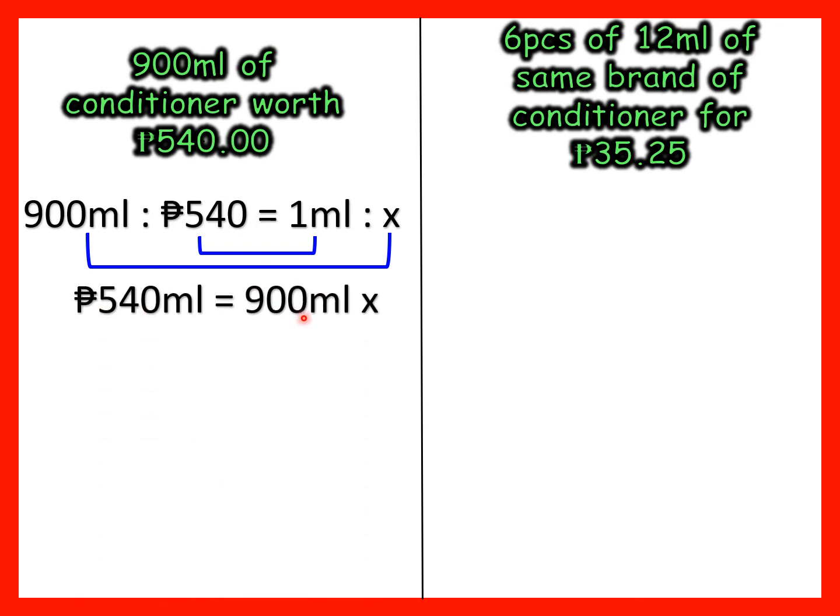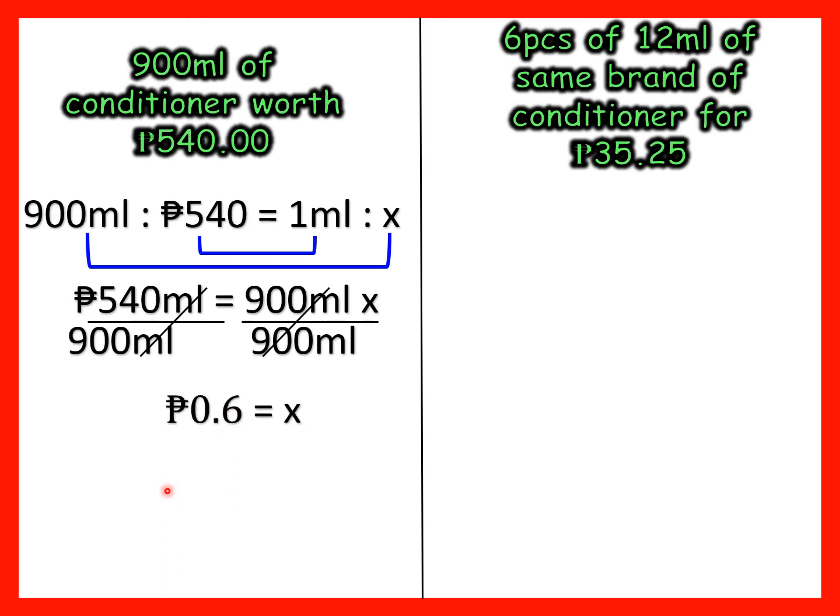To do that, we divide both sides by 900 ml. So 900 ml divided by 900 ml is 1, and let us cancel the unit ml. So the remaining term will be x, and 540 pesos divided by 900 is 0.6. It means that for every ml, it costs 0.6 pesos.